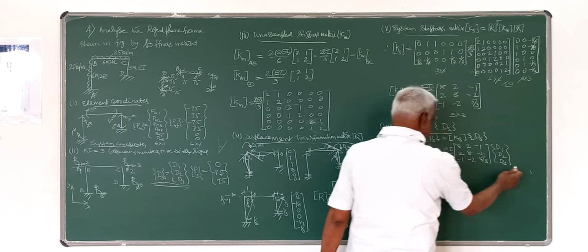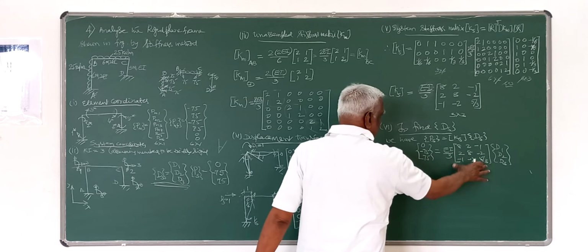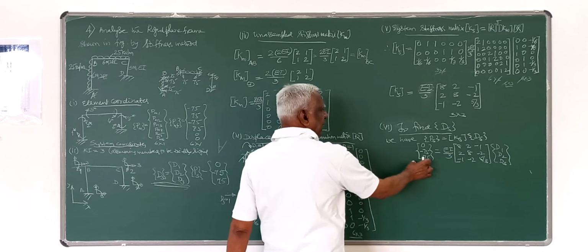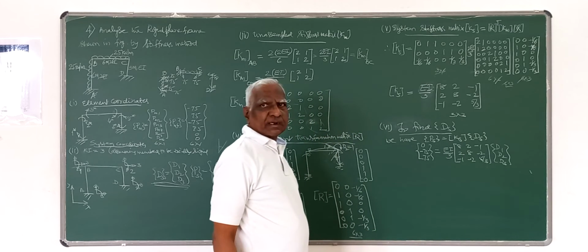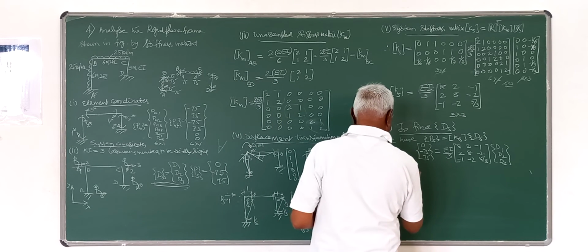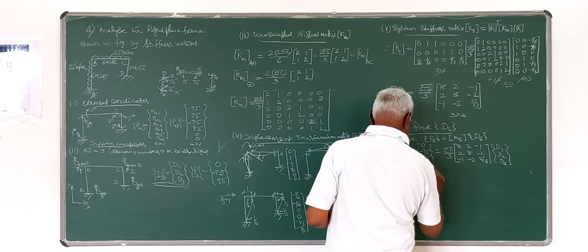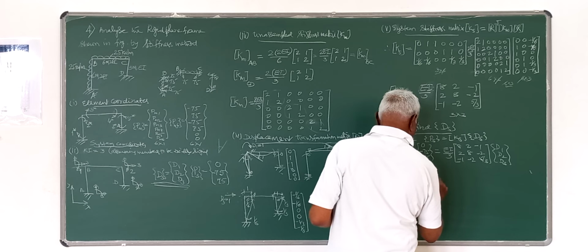Now either you can solve this simultaneous equation or find the inverse of this Ks matrix and multiply, and you will get d1, d2, d3.